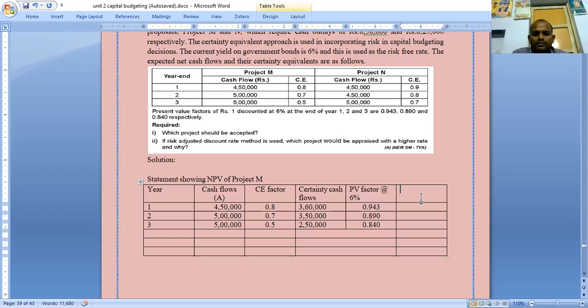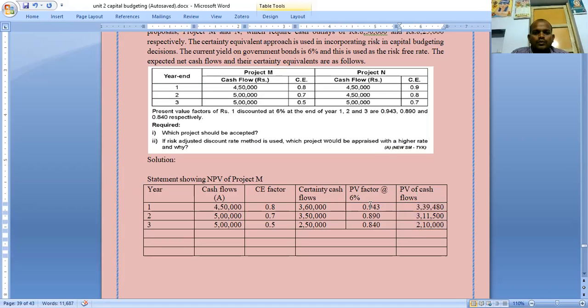So we have to convert these certain cash flows into present values. So these are the present value of cash inflows.